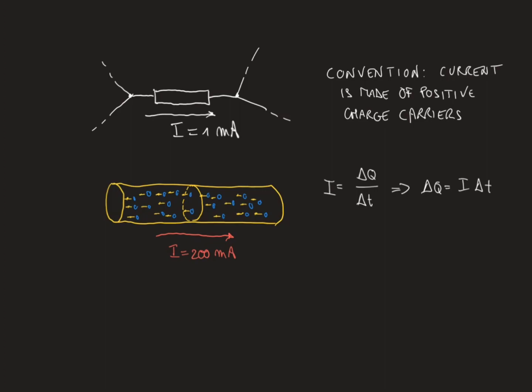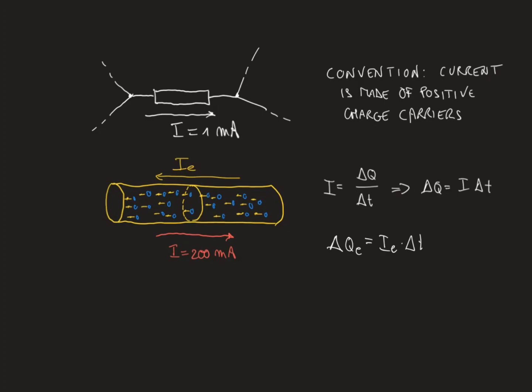The amount of charge delta q sub e given by the electrons passing through the same section will be given by I sub e times delta t, where I sub e is the electron current flowing through the conductor in opposite direction to the conventional direction.